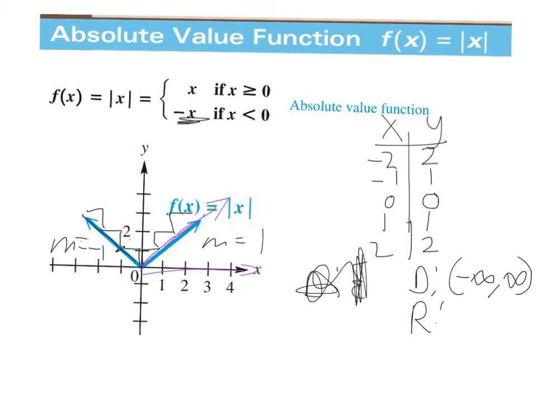And for the range, it never goes past this point right here. It never gets lower than that, but it does include 0 right here in this part. Since it includes 0, it'd be all the values from 0 to infinity, but it'd be a bracket around the 0.